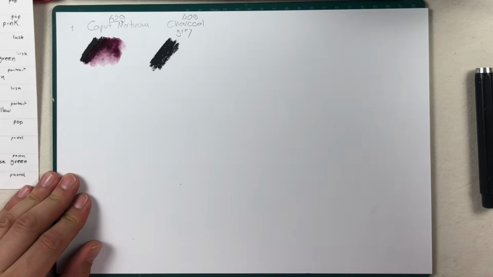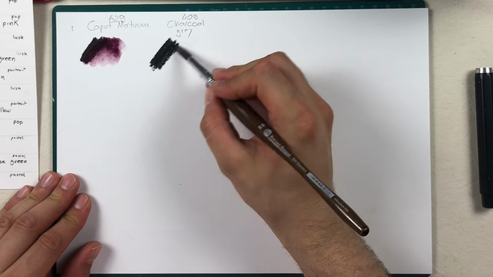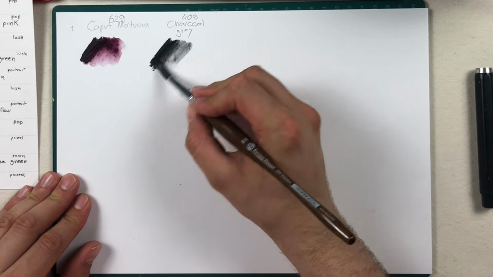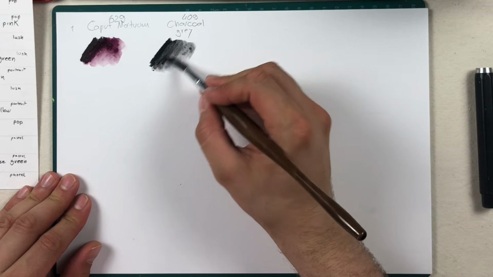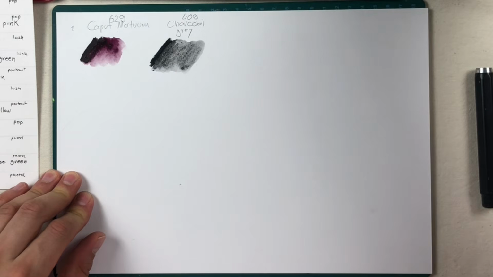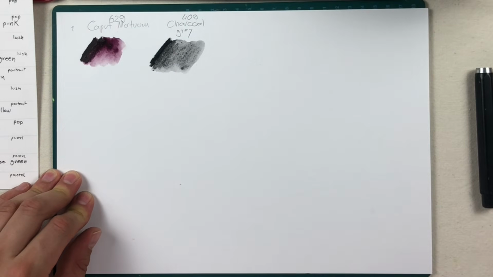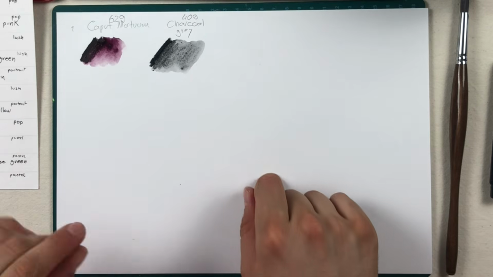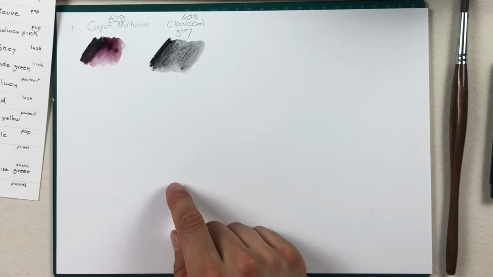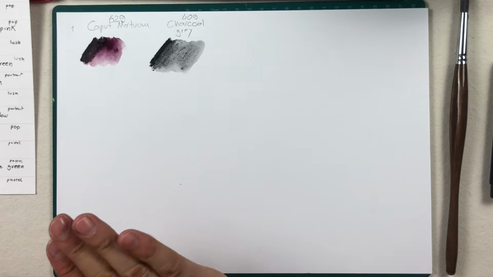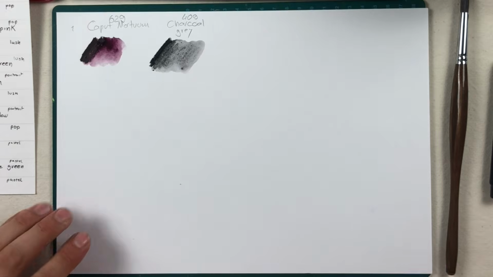And you see the Caput Mortuum becomes nice and violet, almost like aubergine. And the Charcoal Gray, when you activate it, it looks very different. It's very black grayish. So you see these two dry, they are very close to each other, but wetted, they're quite different.